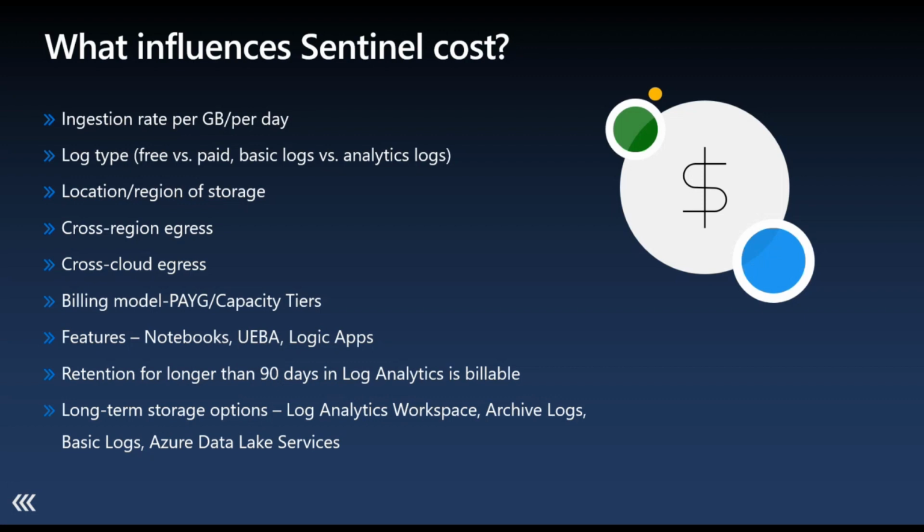User and entity behavior analytics, enabling that is going to increase the amount of storage that is being used by Sentinel because you're capturing more data and using it in a little bit more complex way. You're just doing more with the data.